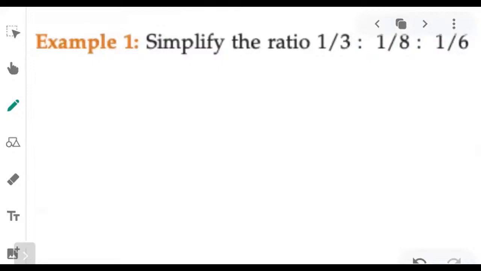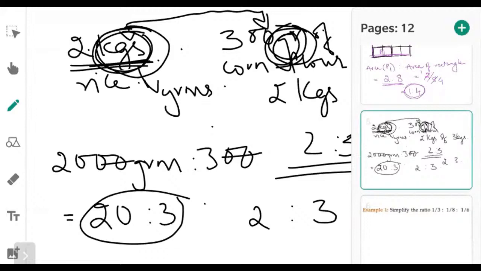We have tried to simplify, or before this, we'll see a smaller one. My ratio is 1 by 2 is to 1 by 8. How can you simplify this? I prefer my ratios to always be in terms of integers, okay?